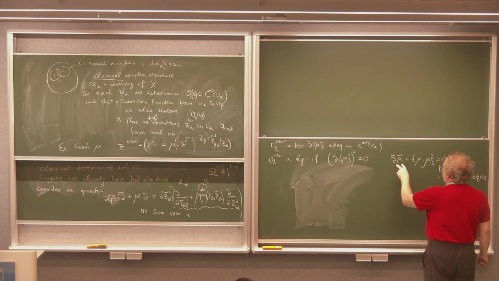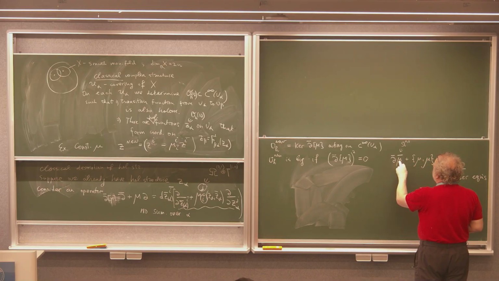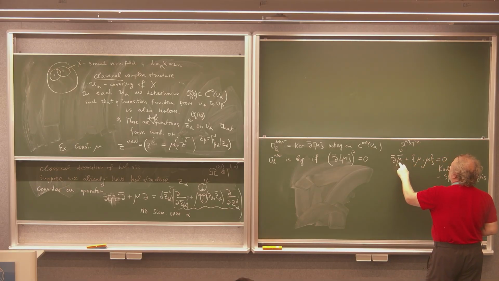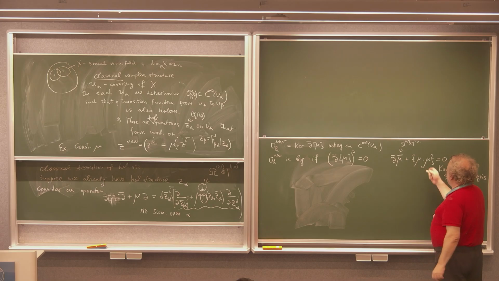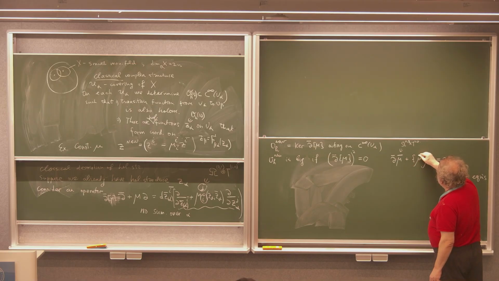So what do I mean here? Mu is a 0-1 differential with values in 1-0 form. And I apply d bar. Totally I get 0-2 differential with values in 1-0 form. Now, here I have some bracket. What does this bracket mean? Each mu belongs to T10.